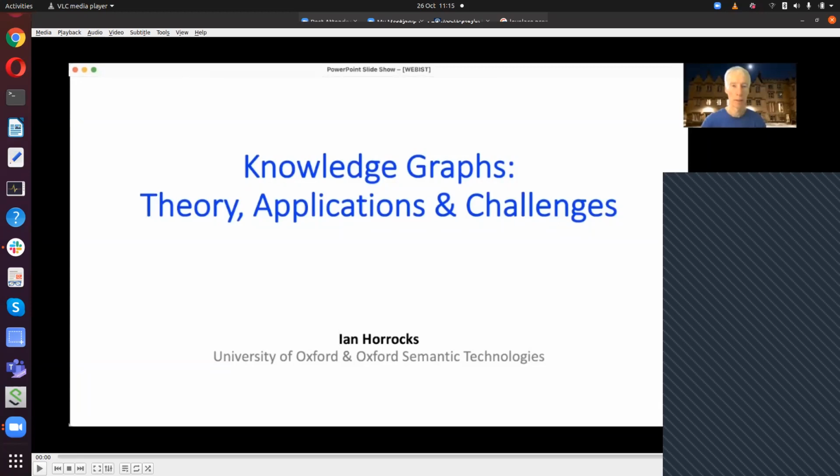He was recently awarded the Lovelace Medal for his great contribution to the knowledge representation and reasoning community, where he has been playing a key role defining the ontology language OWL, and also has been a key contributor in the reasoner systems HermiT and RDFox. He has recently co-founded a company called Semantic Technologies here in Oxford, where RDFox is one of the key products.